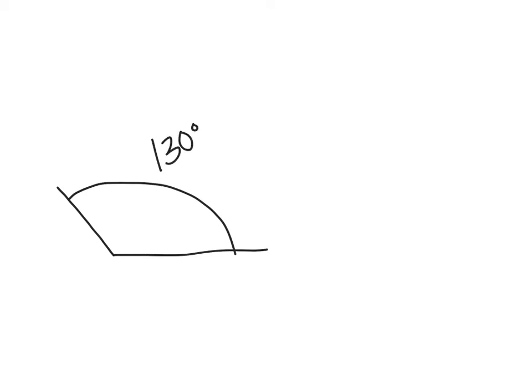So far we have looked at problems where we are given a whole angle, say 130 degrees. We are given a part and we have to solve for the other part.